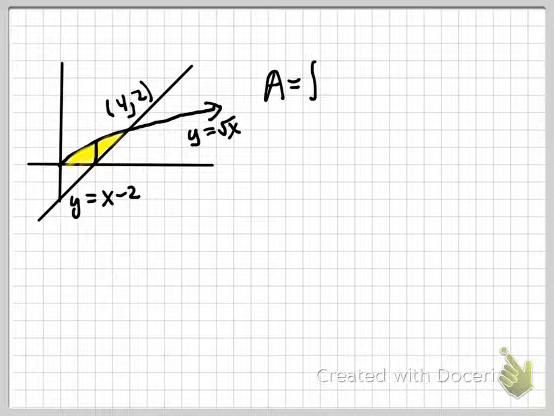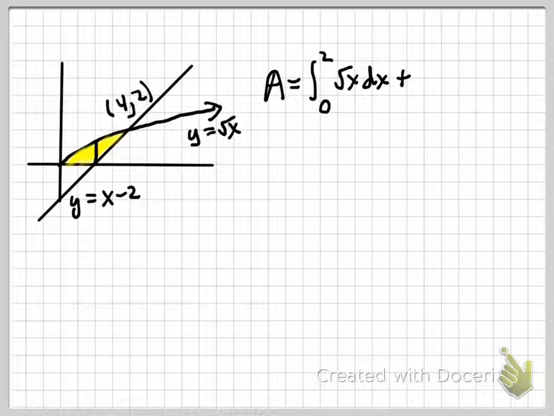In total, if we did this area, we would first start with the integral from 0 to 2 underneath the square root of x graph, because that goes all the way down to the x-axis, so that's just the integral of the square root of x. And to that, we would add the integral from 2 to 4 of, now it's between two lines, not the x-axis, and so we would subtract them.